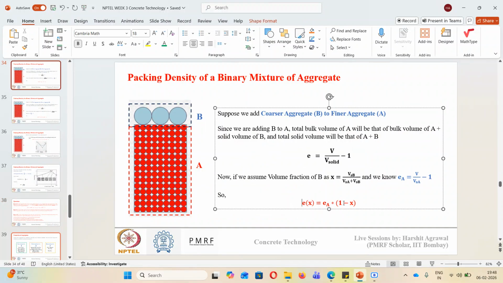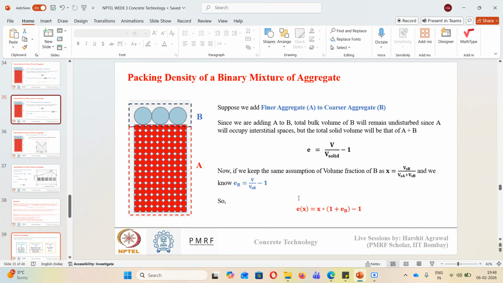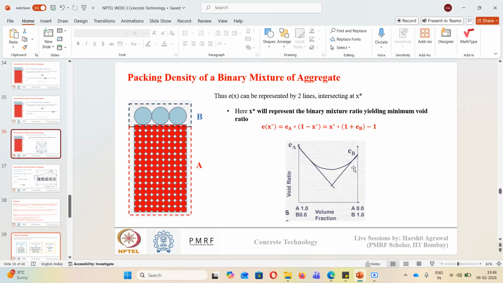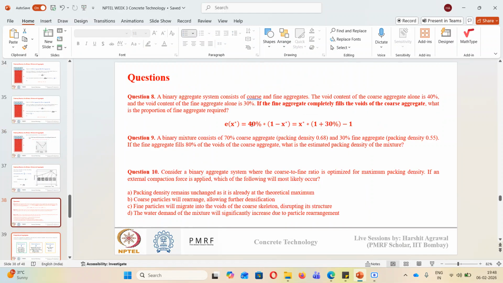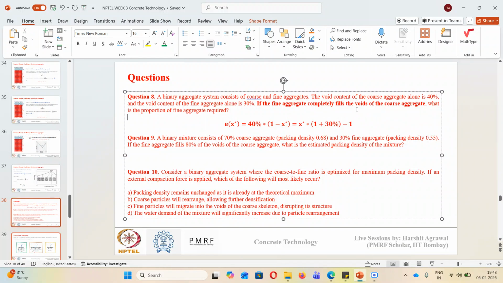The void ratio of addition of B to A or A to B, when they intersect, represents the system which has minimum void ratio and maximum packing. So when we solve this equation, we get a percentage X, and that X percent is the proportion of fine aggregate required to fill the voids between the coarse aggregate. So this is how we think about the concept.